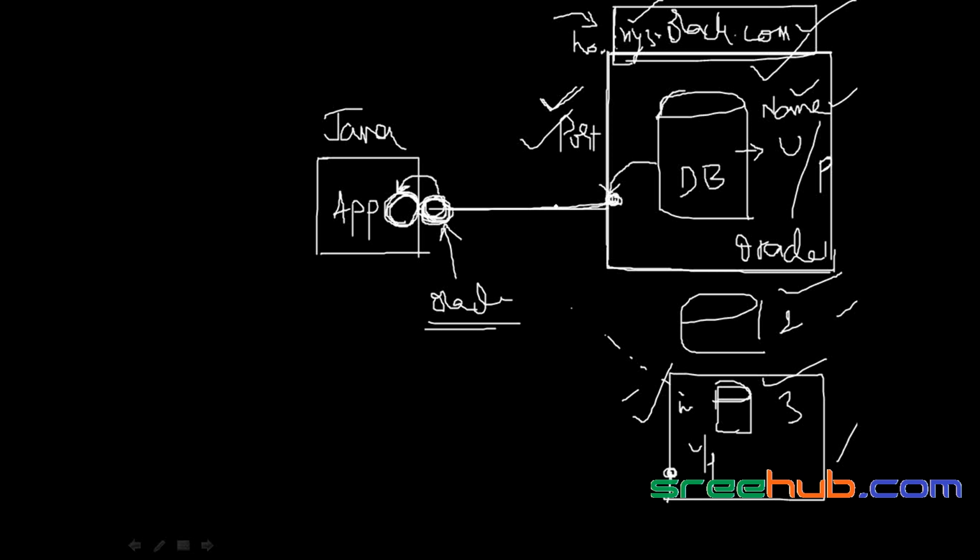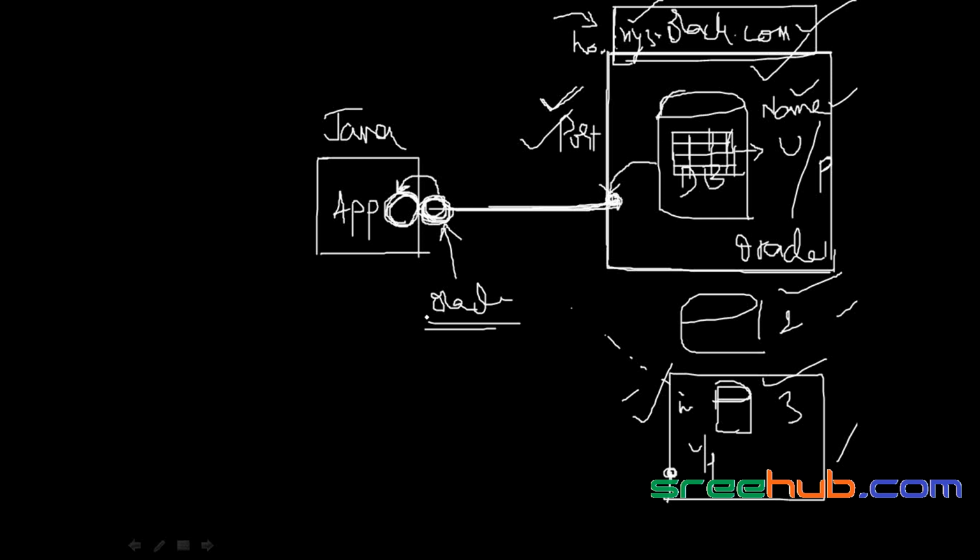Now the third step is, once we are done with this connection, which means we are ready to run the query. Now this database will have many tables, right? It will have many tables. So in those tables you will have much data. And now once you are done with connection, this is a time where you can get the data from any table whatsoever you want.